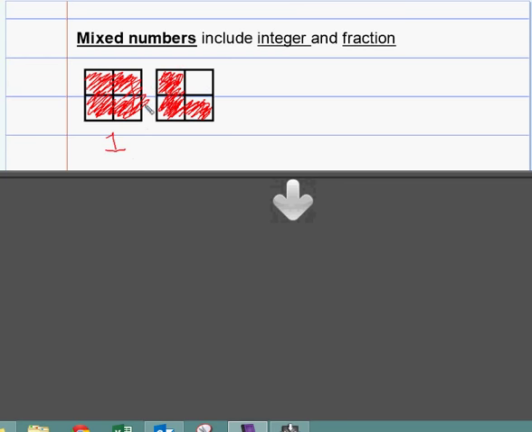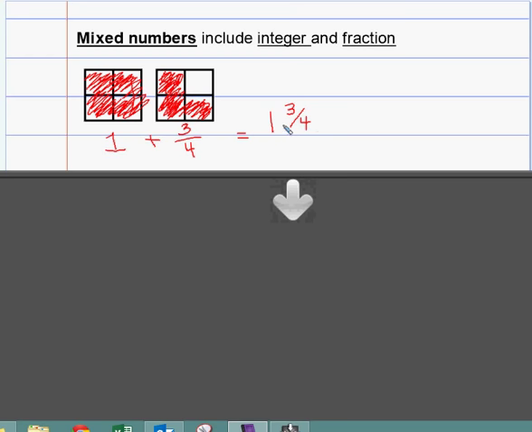And then this fraction, this is good review here. The denominator is how many equal parts you have. So we have 4 equal parts, and then the numerator is how many have been selected, or how many are shaded, or how many are indicated. In this case it would be 3. Now, since we have both of these groups, it's really an addition problem. So we have 1 plus 3/4, which is going to be 1 and 3/4.